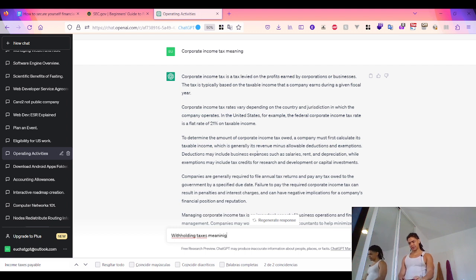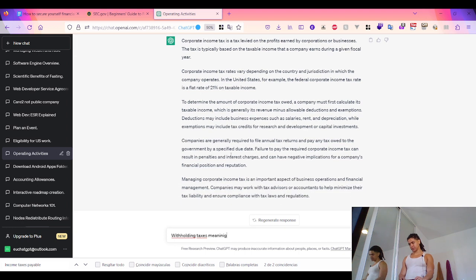Deductions may include business expenses such as salary, rent, and depreciation, while exceptions may include tax credits for research and development or capital investment.